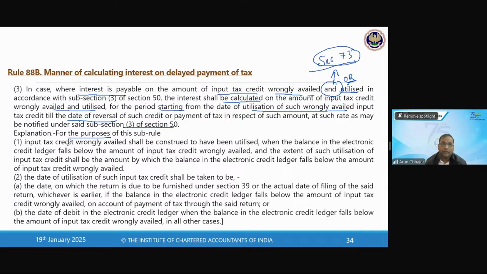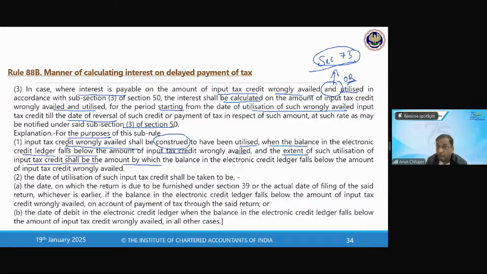Explanation. ITC wrongly availed shall be construed to have been utilized when the balance in the electronic credit ledger falls below the ITC wrongly availed, and the extent of ITC shall be the amount by which the balance in the ECL falls below the amount of the ITC wrongly availed.